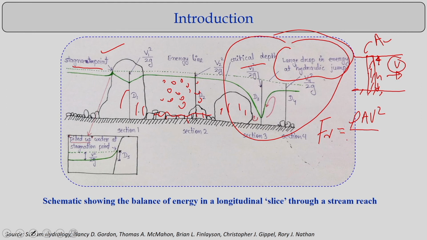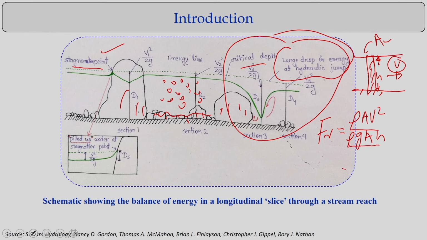For this case you will have rho g A h. Here h is the depth, multiplied by the area gives a volume, times the density, then multiplied by the acceleration due to gravity, you get the weight. That is the force due to gravity.